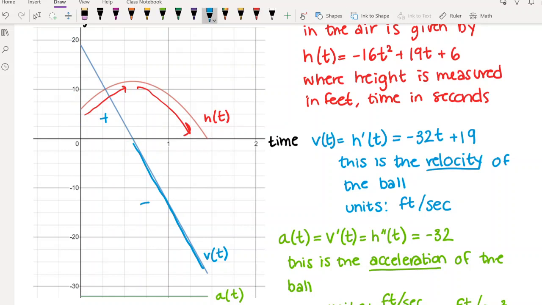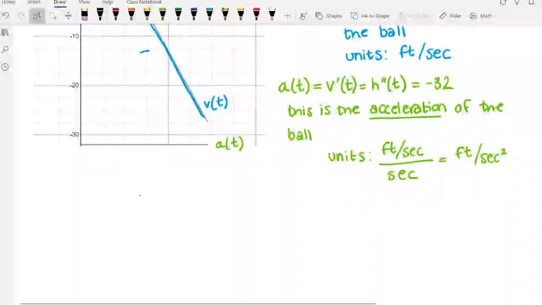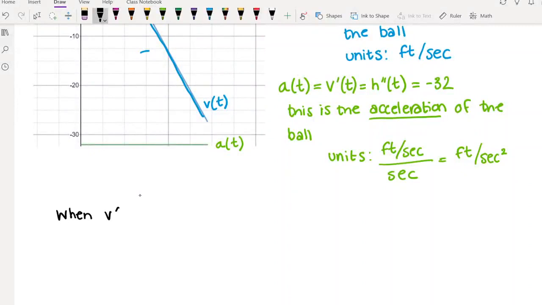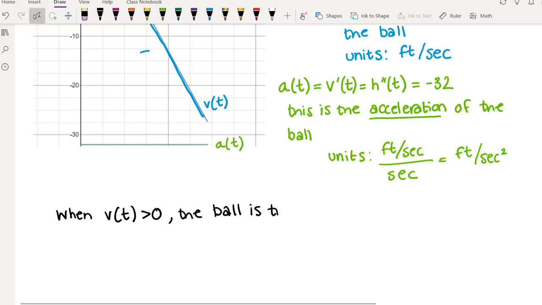Whereas on the part of the graph where the ball is traveling downward, the velocity is negative. Okay, so what are we saying here? We're saying that when v of t is positive, the ball is traveling upward.